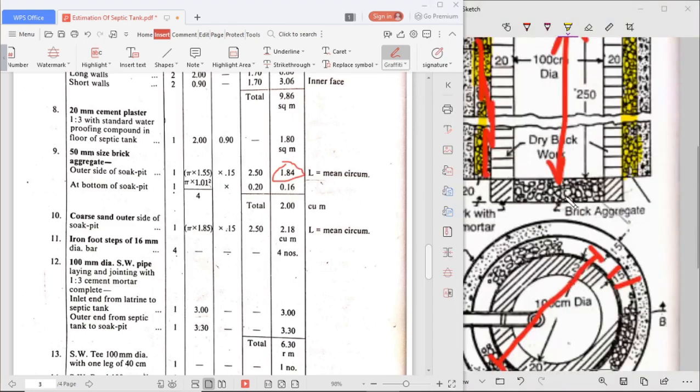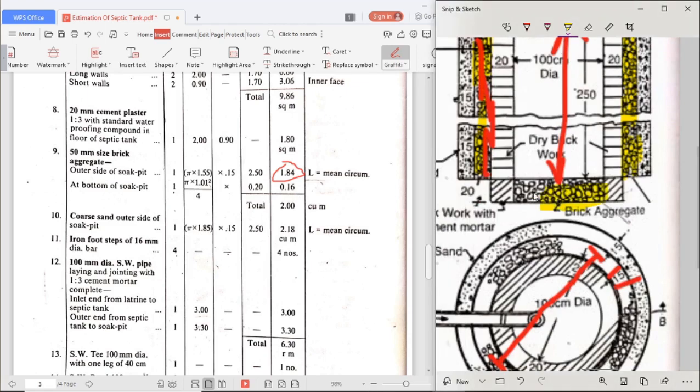At the bottom of the soak pit, this is the brick aggregate. We have calculated for the wall, but we didn't calculate the brick aggregate at the bottom. So now we have to calculate under this. As this is the full area, we have to take it for quantity. In the section it looks like a rectangle, but it is a circular section.